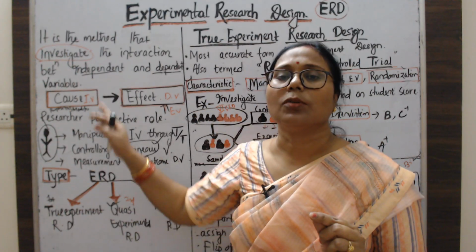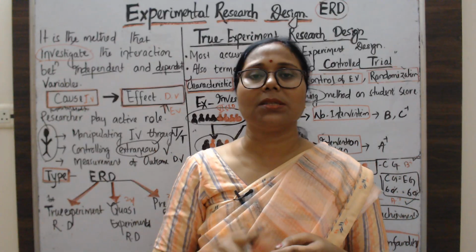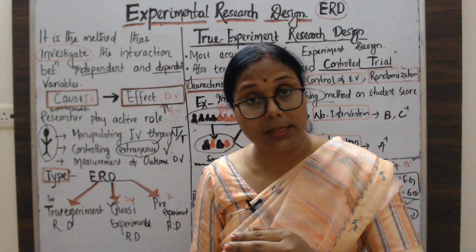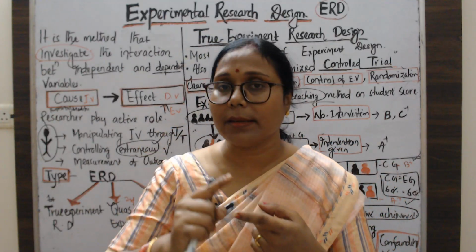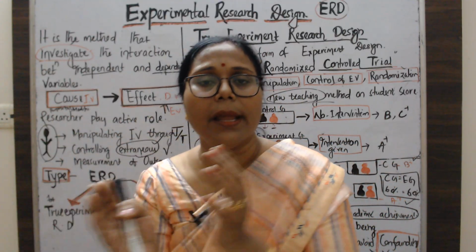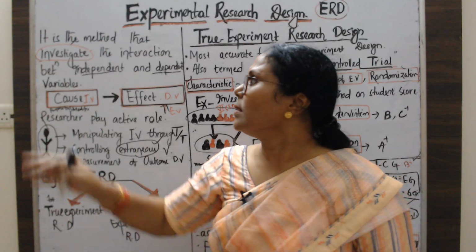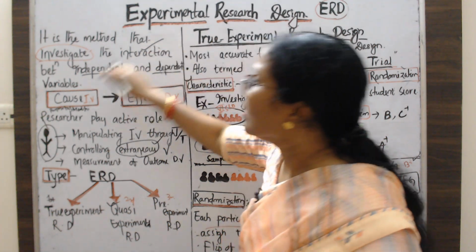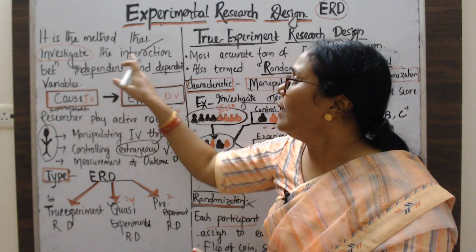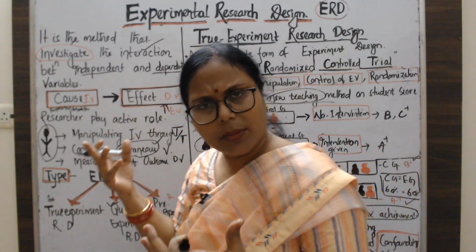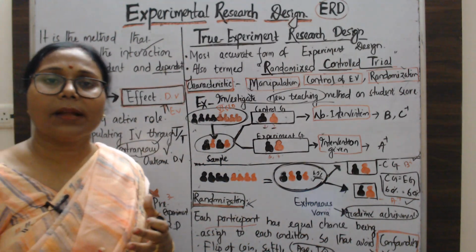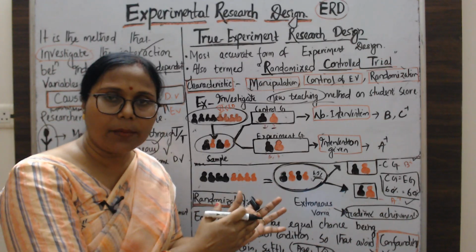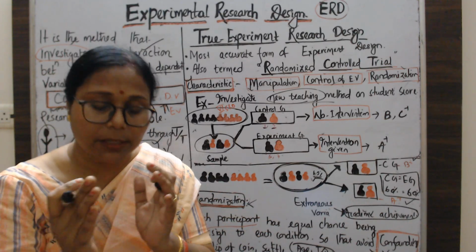So first we have to know what experimental research design is. In experimental research design, the researcher investigates the interaction between the independent variable and the dependent variable, or otherwise you can say the researcher wants to establish the causal relationship between them.